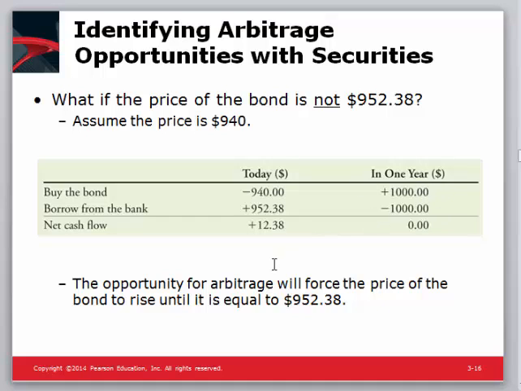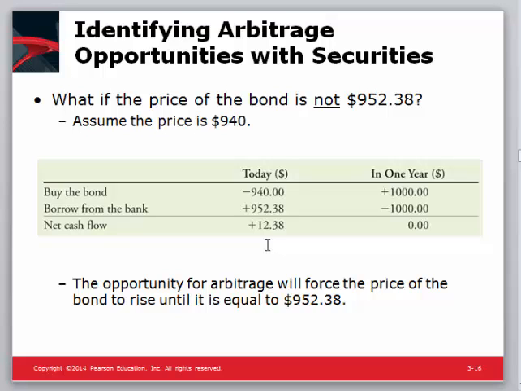Or you could borrow money from the bank for $952.38, and at the risk-free rate of 5%, a year from now that would be worth $1,000, and you could pay it back. So in 1 year you have nothing. The transaction nets out to zero, but today you have a positive cash flow of $12.38.